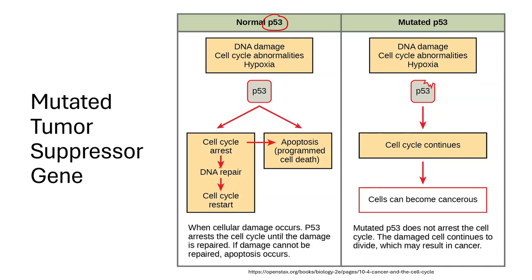That means pausing the cell cycle, repairing the DNA, and then restarting the cell cycle. Or if that is not possible, then it should trigger apoptosis. When P53 is mutated and damaged, it does not pause the cell cycle or it does not trigger apoptosis. The cell cycle continues regardless of whatever mutations or problems it may have, and then that cell can become cancerous.